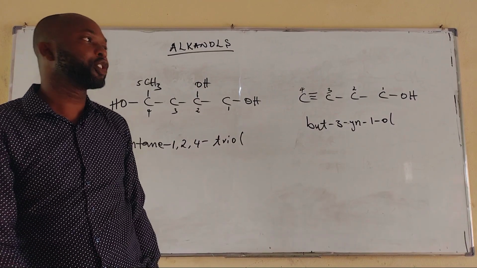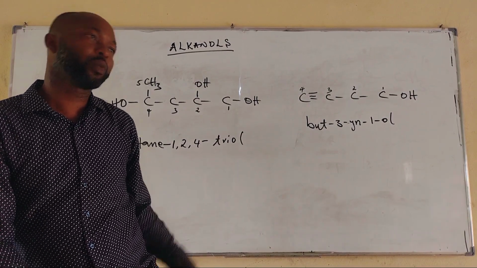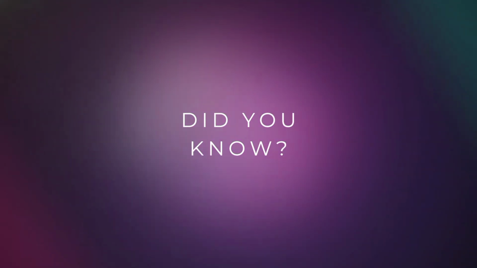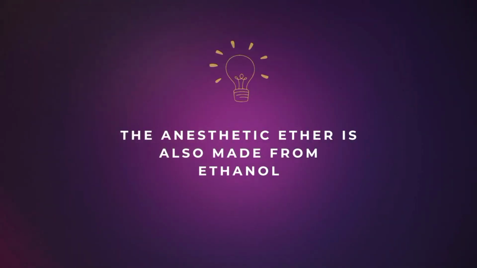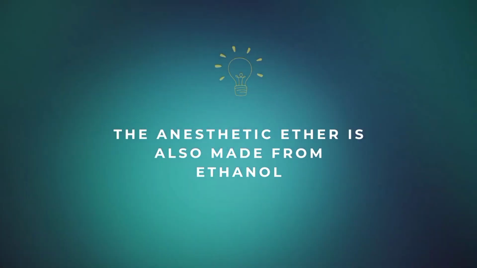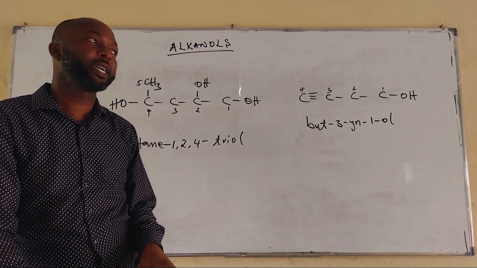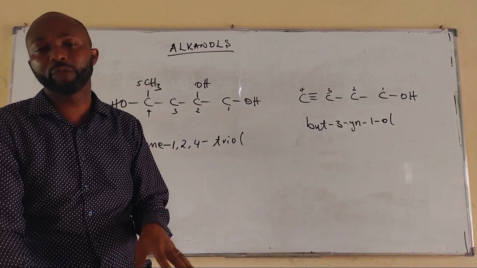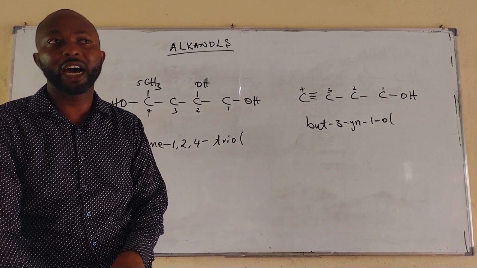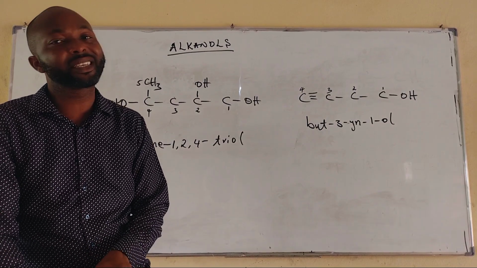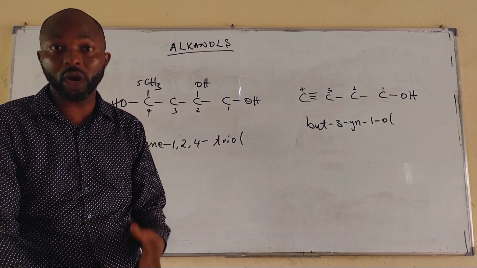Now we'll look at isomerism of alkanols. What is isomerism? It is a phenomenon whereby compounds have the same molecular formula but different structural arrangements. This exists in alcohols too, or alkanols.